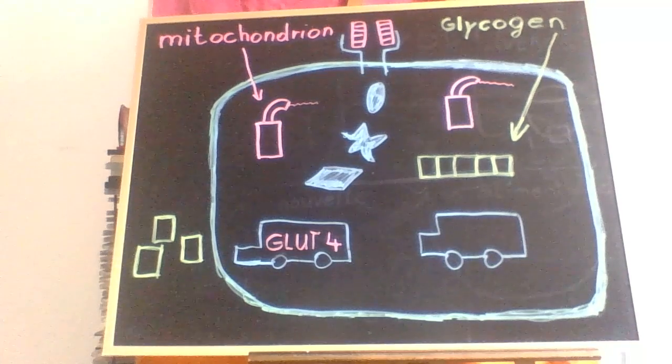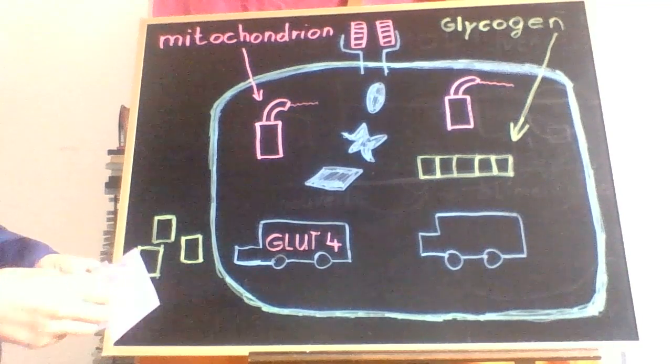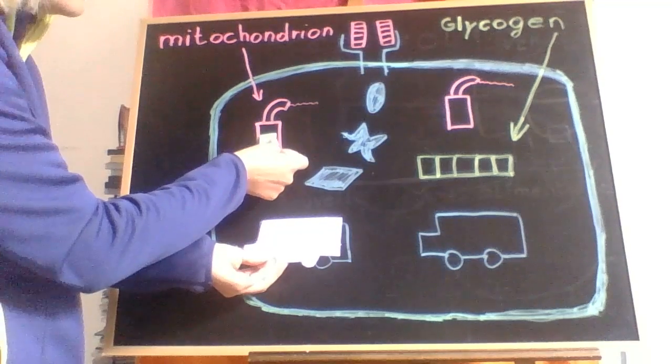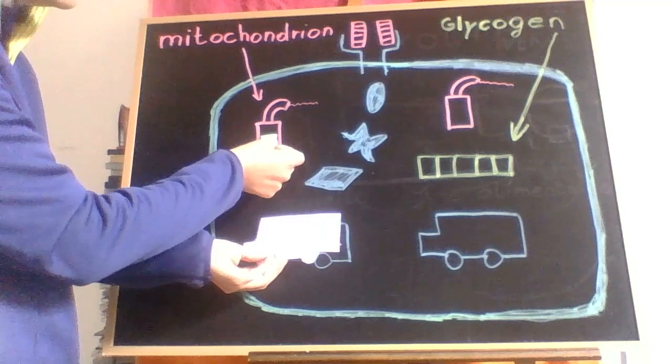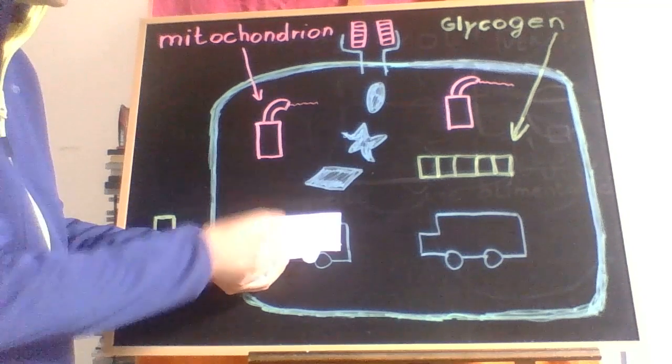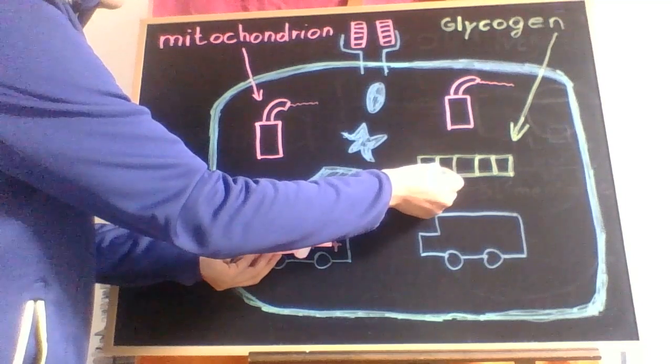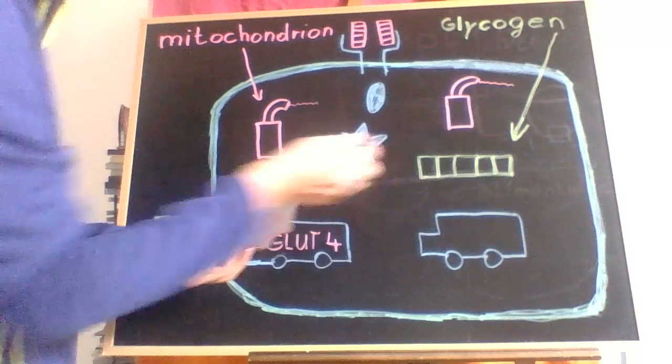And what happens with the sugar once it is transported inside the cell? So certain sugar will burn in the mitochondria, giving us energy, and others will be stored as glycogen.